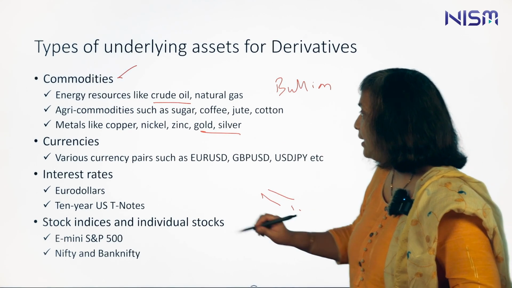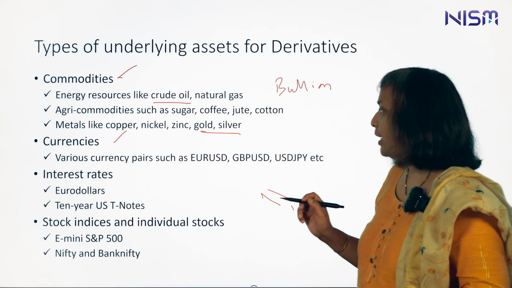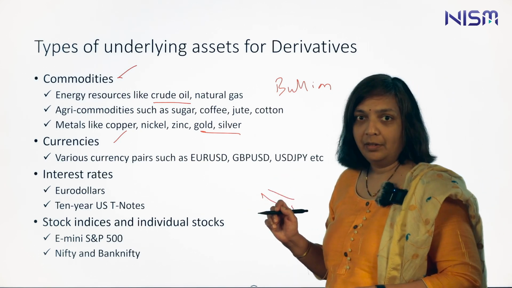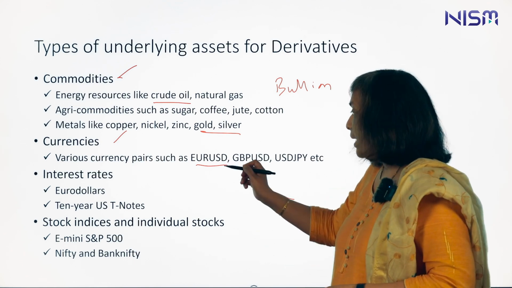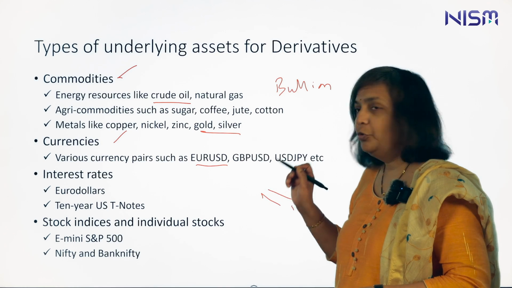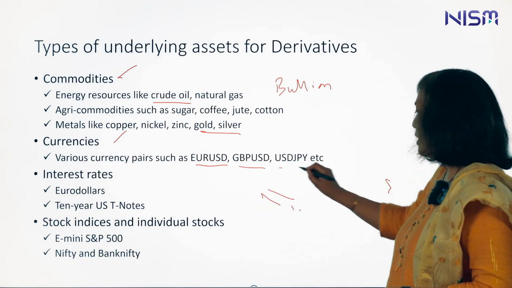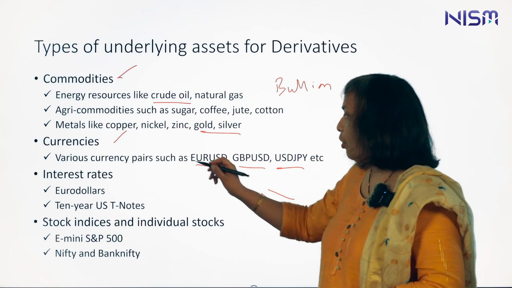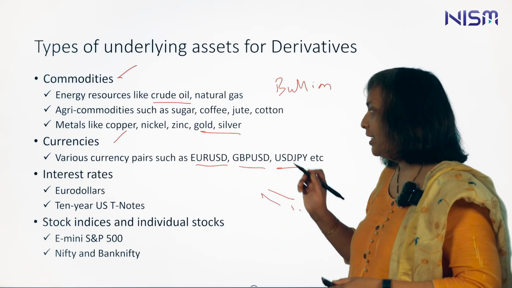The second asset class is currencies. So we have derivative contracts on various currency pairs. For example, Euro USD. This is the largest traded currency pair in the world globally, the Euro dollar. Then the GBP USD, USD JPY. All these are very, very popular currency pairs on which derivatives trading takes place.